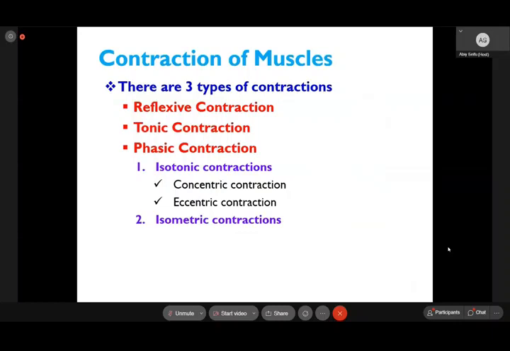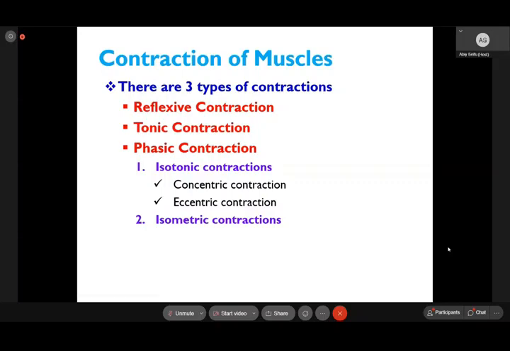There are three types of contraction. Reflective contraction, which is autonomic and involuntary, tonic contraction, which is at the rest state, and active contraction, also called phasic contraction.